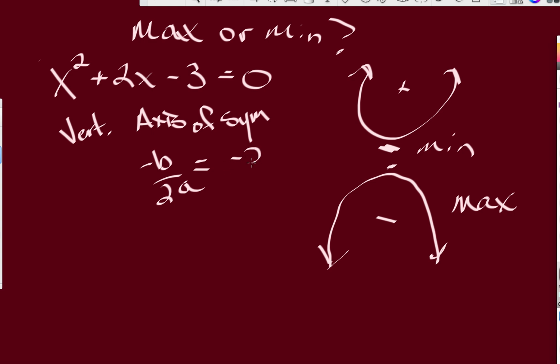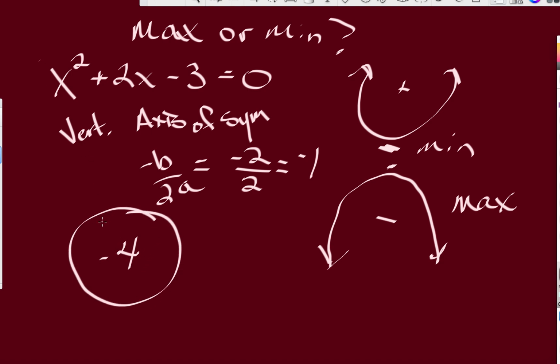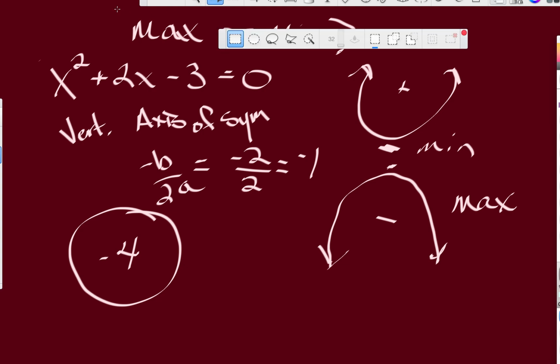Negative b is negative 2 over 2, so my axis of symmetry is negative 1. And then all I would do is put in a negative 1 here. So 1 minus 2 minus 3 would be negative 4. Right? Negative 5 plus 1 is negative 4. Got it? Sound good?